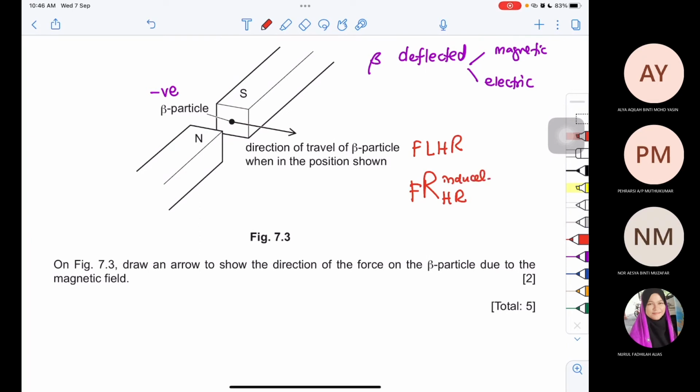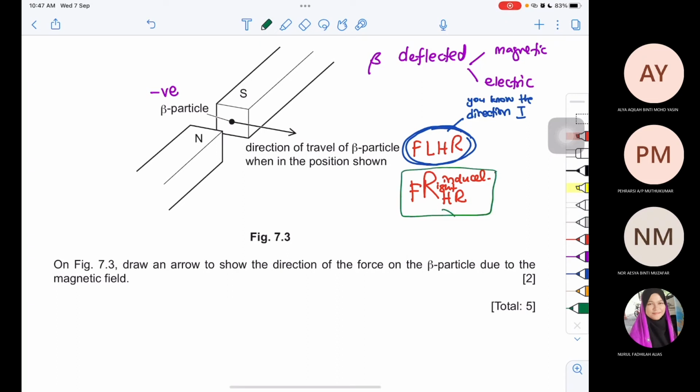Ni for induce, right, for induce. Jadi kat sini nak guna Fleming's left or Fleming's right. Jadi saya cakap tadi, you use Fleming's left when you know direction of current. When you know the direction of current, you use Fleming left hand rule. Okay, kita guna Fleming's right hand rule when you don't know current ataupun current not given ataupun induced current.